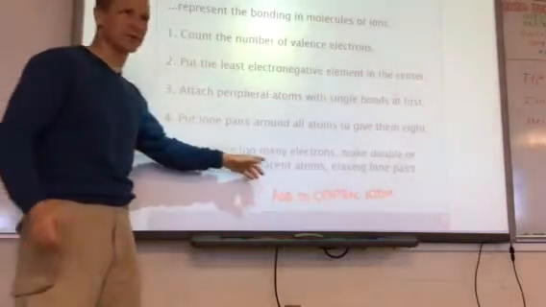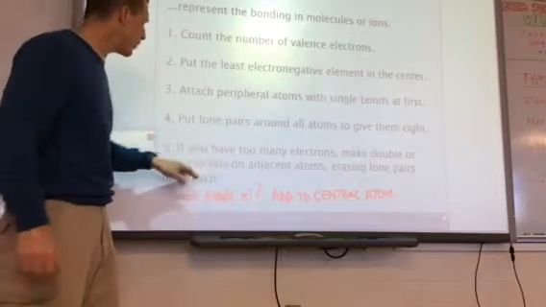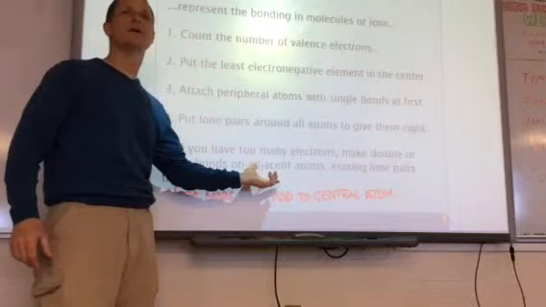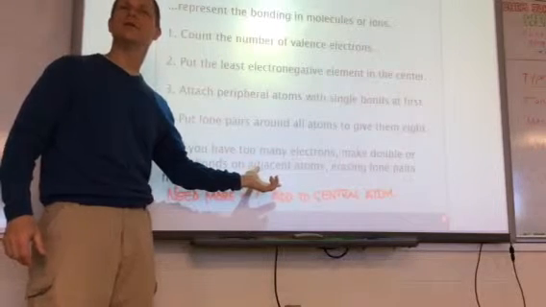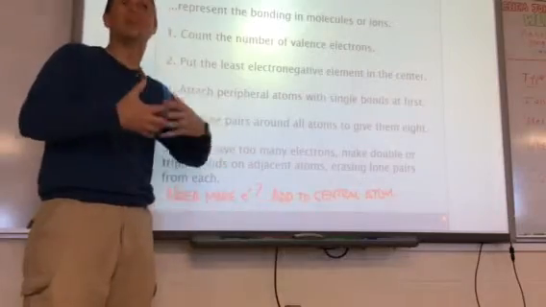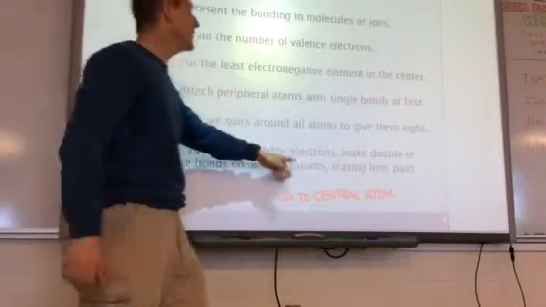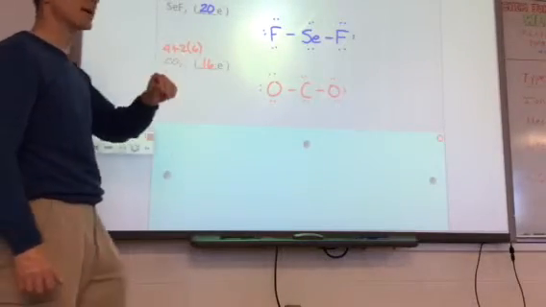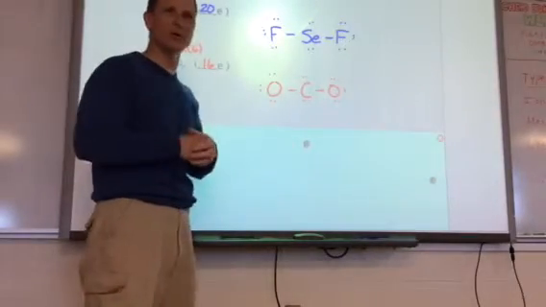That's what I was talking about down here, number 5. If you have too many electrons, make double or triple bonds on adjacent atoms. What does adjacent mean? Next to, right. Already bonded to, that's adjacent. Erasing lone pairs from each. I'll show you what I mean by that.